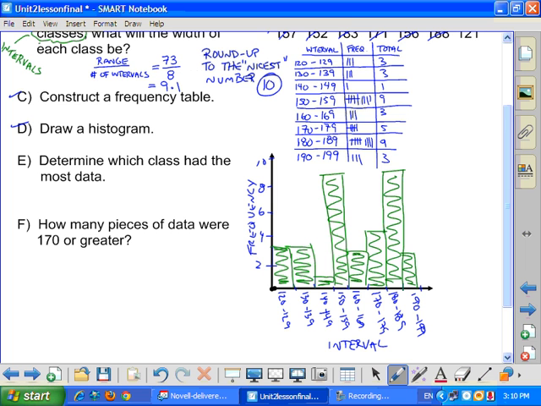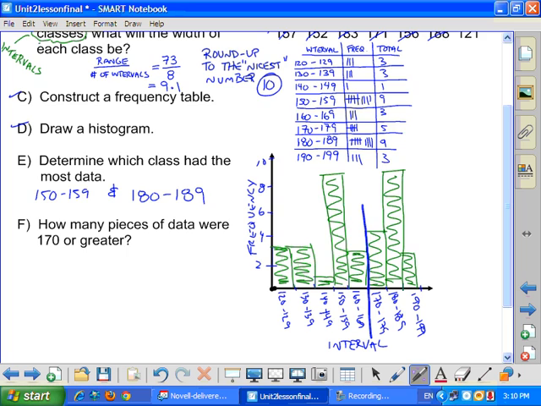Finishing this question off, I got C and D done. Which class had the most data? There's actually 2: 150 to 159 and 180 to 189. Those are the 2 intervals. How many pieces of data were 170 or greater? Here's the 170 right here.